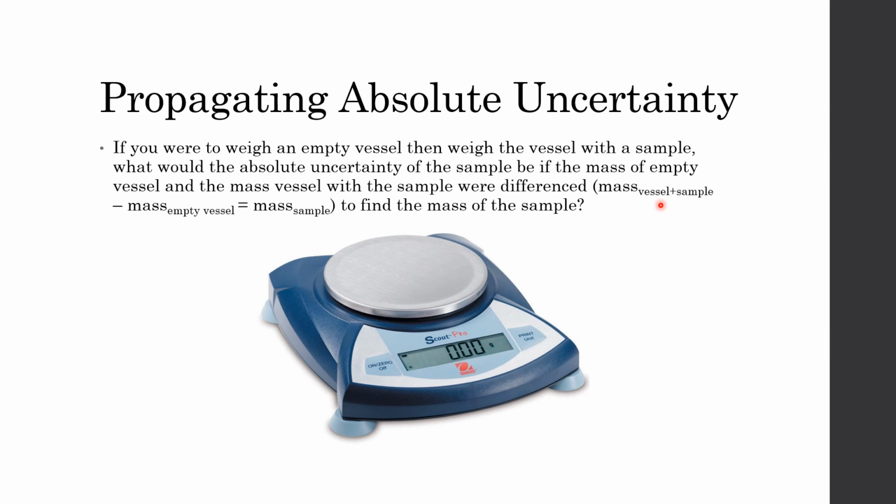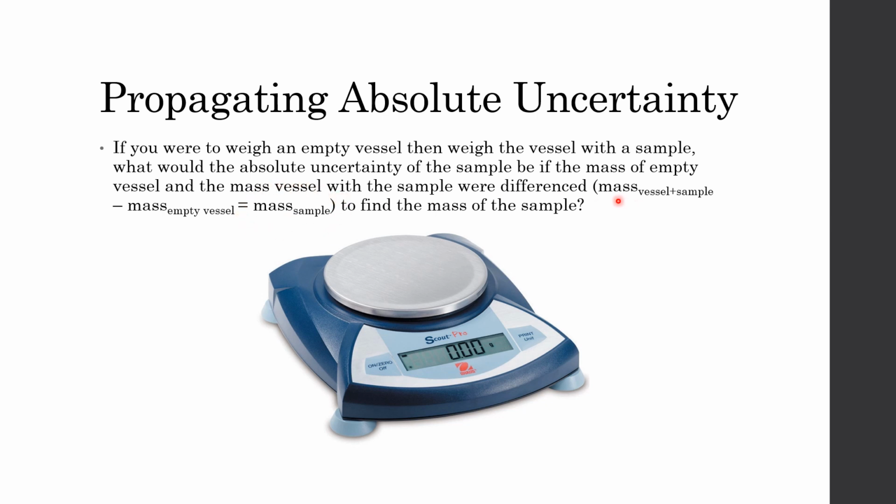The way that we do it is we take our beaker and place some sample in it and weigh it, then we remove all the sample from the beaker, weigh that empty beaker, and then we difference those two mass values in order to figure out what the mass of just the sample is, okay?